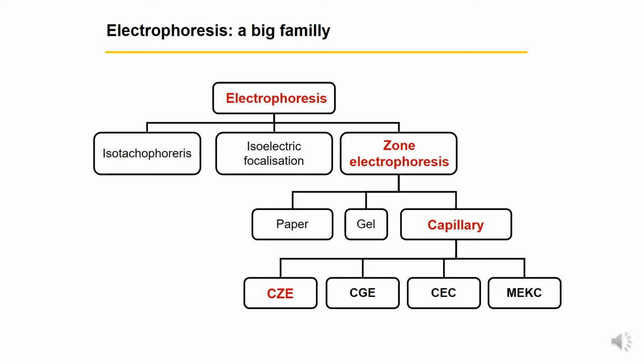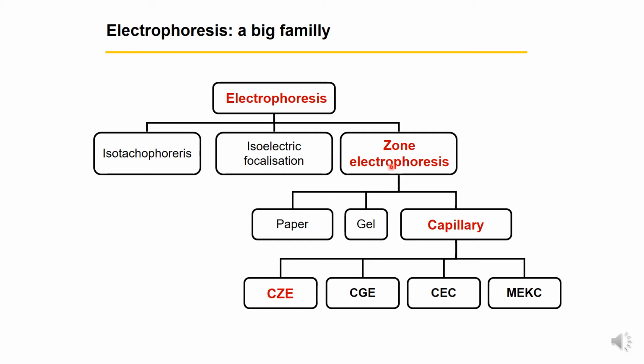Electrophoresis is a separation method based on the separation of compounds in an electrical field. And there is also a genealogical tree. You can perform different separations with different phenomena like isotachophoresis, isoelectric focalization, and I will speak about zone electrophoresis.